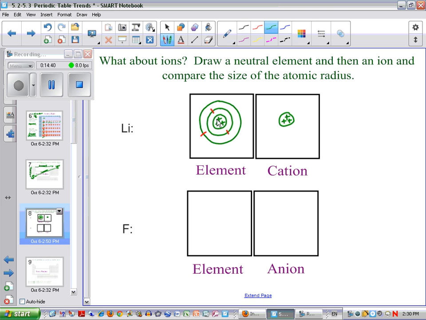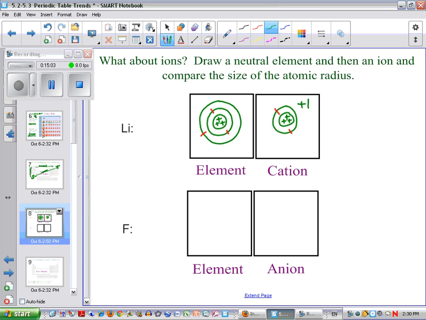So there's its elemental form. And it told me it's going to form a cation. So it's going to lose electrons to become positive. How many electrons is it going to lose? Well, how many valence electrons does it have? It has 1, right? So it's going to lose one electron and become lithium with a +1 charge.